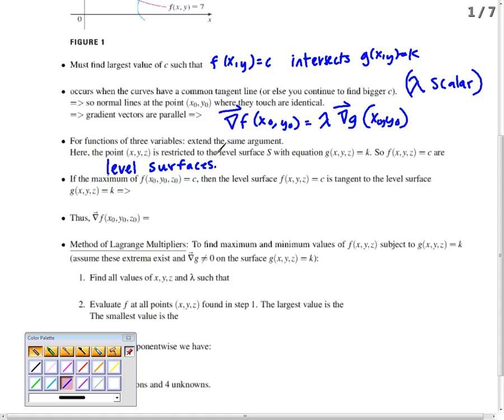If the maximum value of f at the point x naught, y naught, z naught equals c, then the level surface f of x, y, z equals c is tangent to the level surface g of x, y, z equal k. And just like before, if I have the same tangent line, that means that the gradient vectors are going to be parallel.